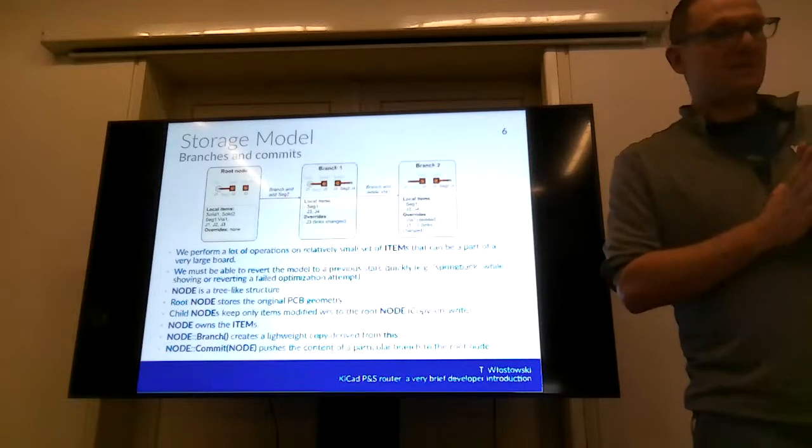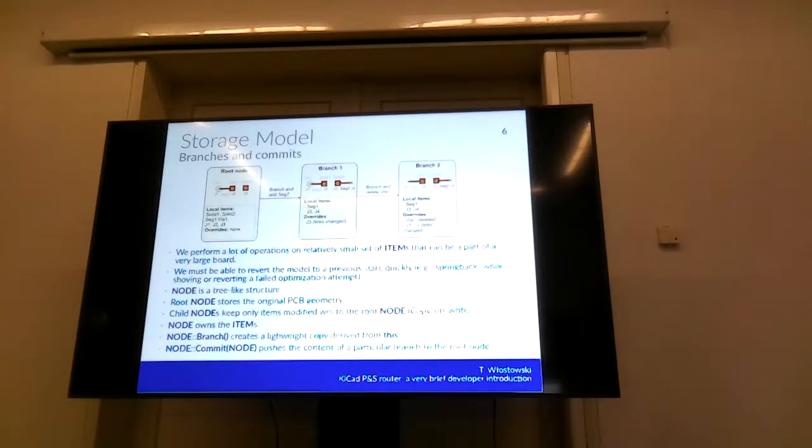Well, then the container that we have, the node, has another feature. Imagine you have a large board. You are dragging a trace and it collides with another trace, right? We attempt at shoving it. This is a relatively minor modification. It affects, let's say, 20 out of 100,000 entities.